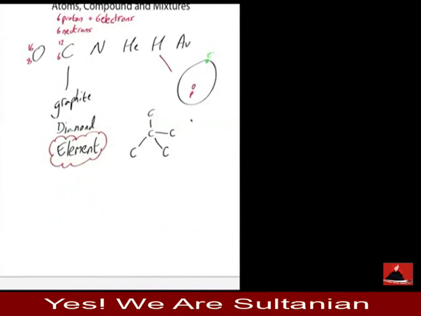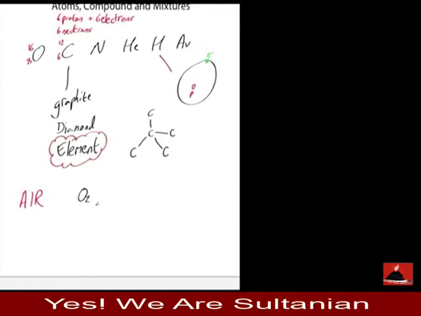Okay. Now mixtures are basically non-bonded compounds all mixed up together. That's not a very good explanation, but if we take air, the air that we breathe, it is made up of oxygen.